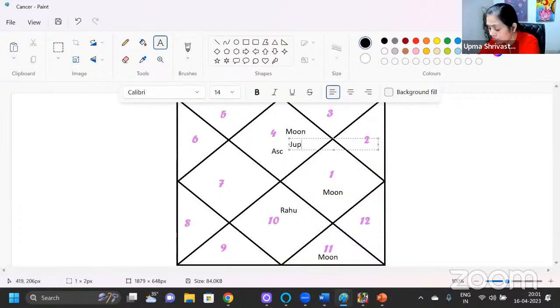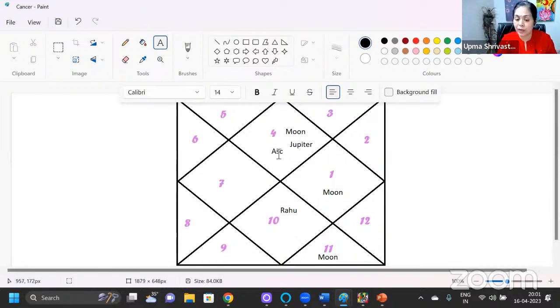Then Jupiter will give support to the moon, so the prominent moon gets the support of Jupiter. Now good, auspicious things will happen. This person will have good luck, can do some good work, get name and fame easily, and will get support from the family also. So this way we connect all the things.